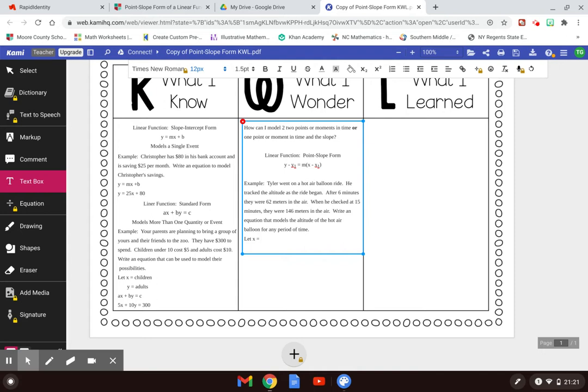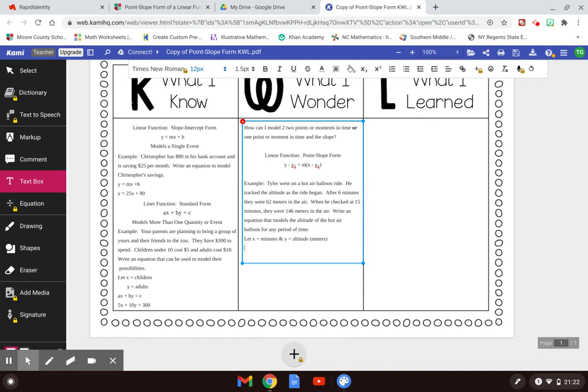So we're going to let x equal the minutes, and y will equal the altitude, which is going to be in meters.